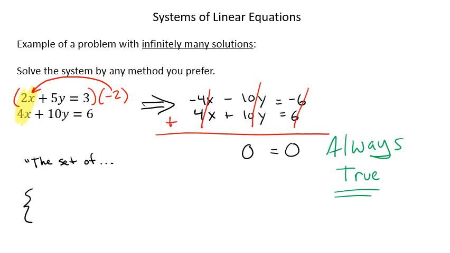So it's going to be the set of all points x comma y, such that. So that vertical line means such that. Let me write that down here. We've seen set builder, but it's been a while. Let me use another color here.